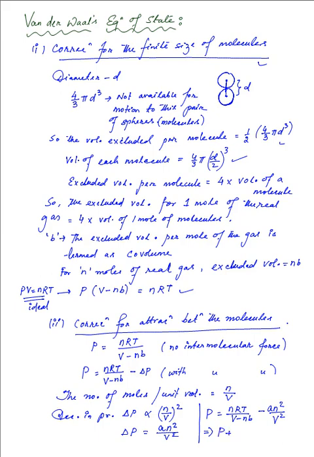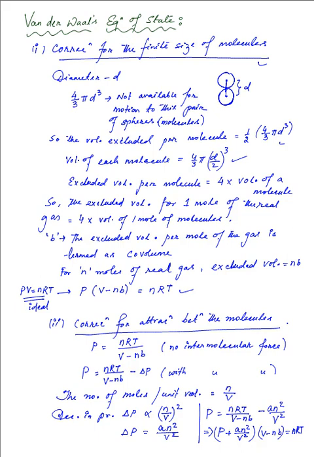So this is (P plus a n squared over V squared), that is the correction in pressure, followed by (V minus nb), which is the correction in volume, and at the right hand side we have the regular nRT, which is the number of moles multiplied by the universal gas constant times the absolute temperature.